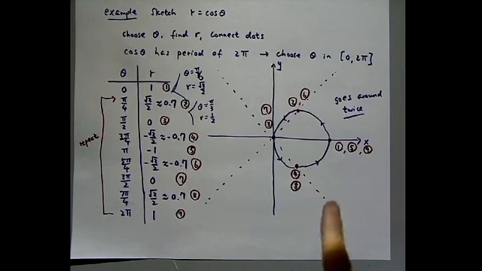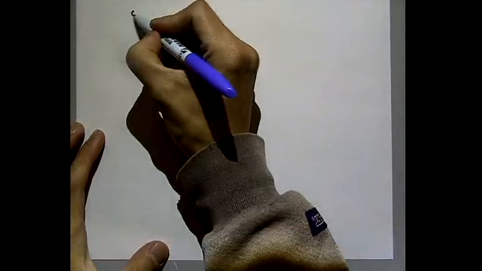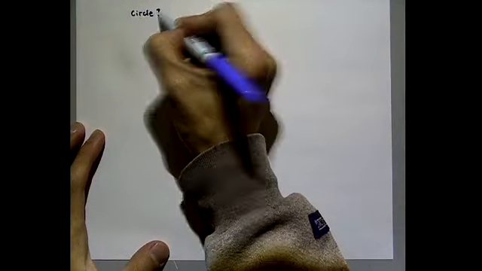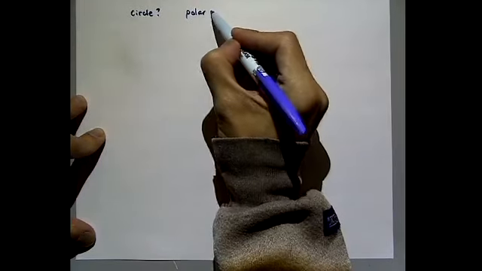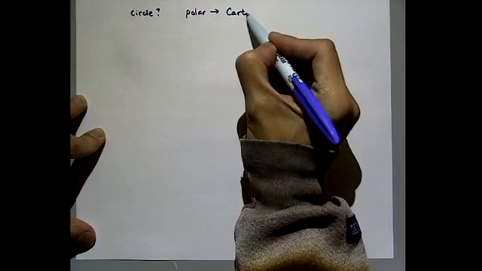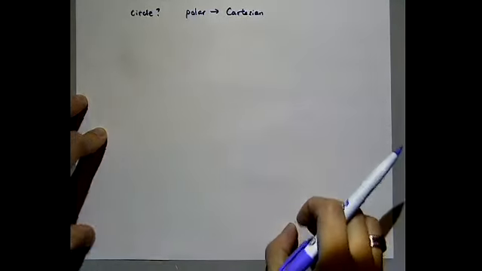Okay, now let's take a look at this. It looks like a circle. Let's verify that this is indeed a circle. So we're going to transform this back into Cartesian and see if we can recognize the shape. So we're going from polar to Cartesian.